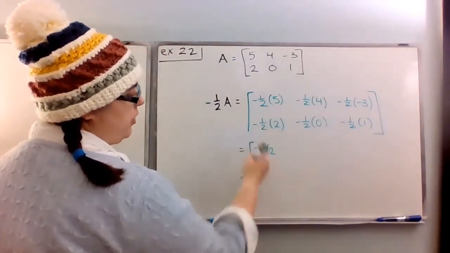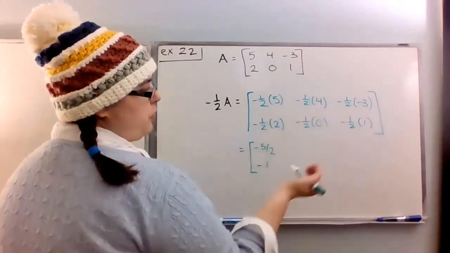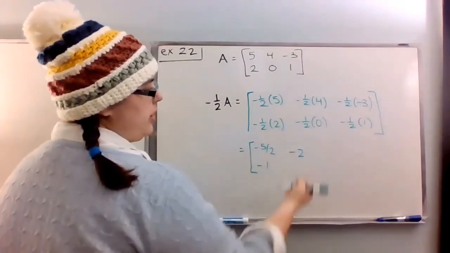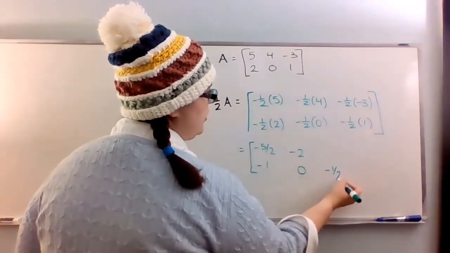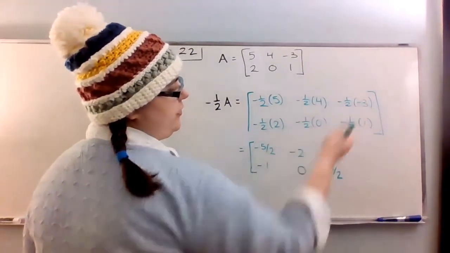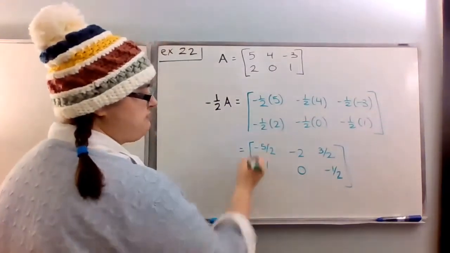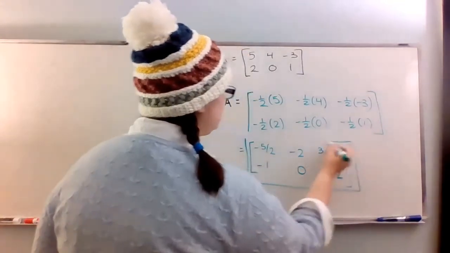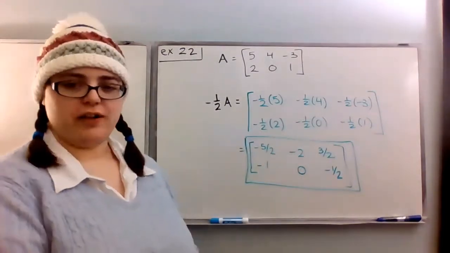Half of 2 is 1, so we get -1 here. Half of 4 is 2, so we get -2. Anything times 0 is 0, and anything times 1 is itself. And then -1/2 of -3 is going to be +3/2. And that's it. That's how we get a scalar multiple of a matrix.